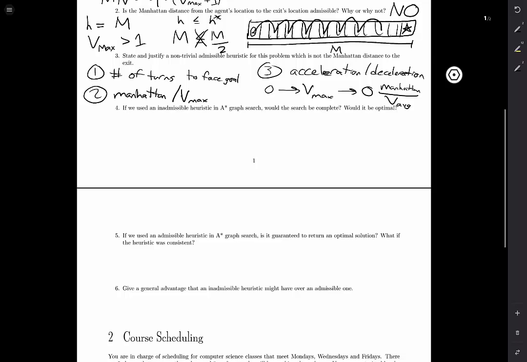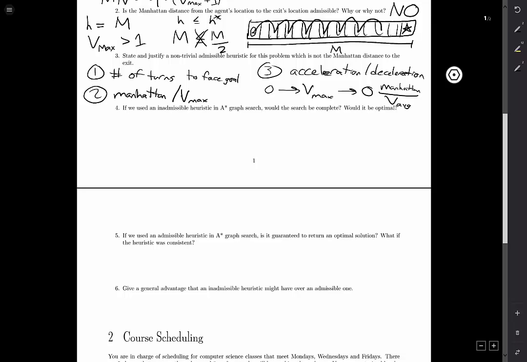Okay, so let's move on to number 4. If we used an inadmissible heuristic in A-star graph search, would the search be complete? Would it be optimal? Okay, so in graph search, in general, if it's bounded, as in if there's a finite number of states, the costs and the heuristics only tell you which nodes to expand first.